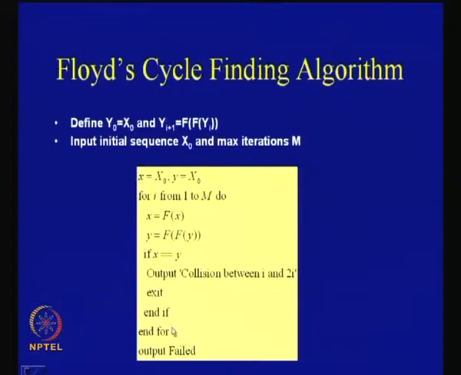Otherwise we say there is a failure. You will see that you have quite a good chance of getting a collision, because the length of the cycle L will divide 2i minus i.